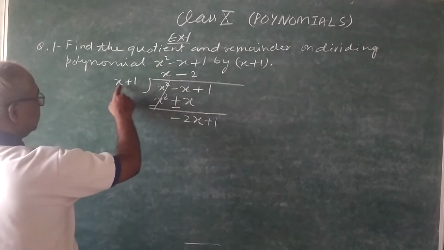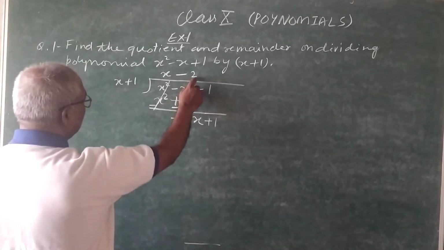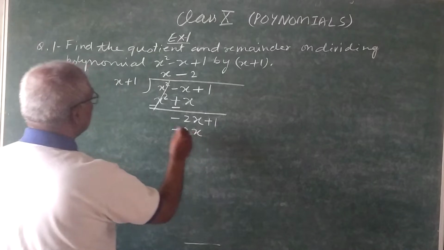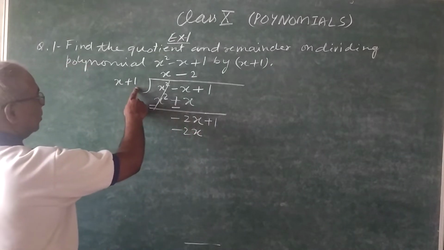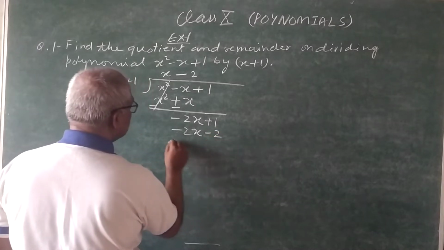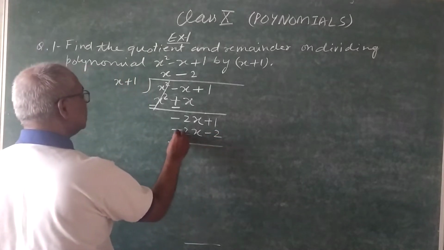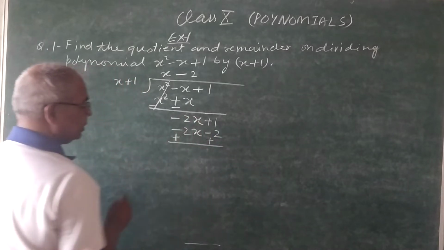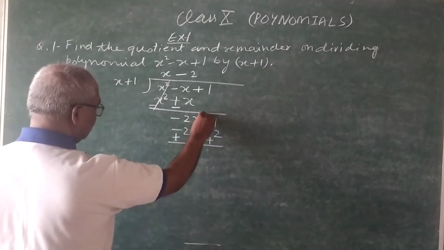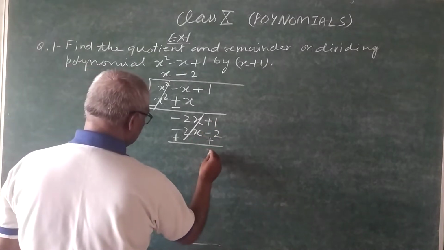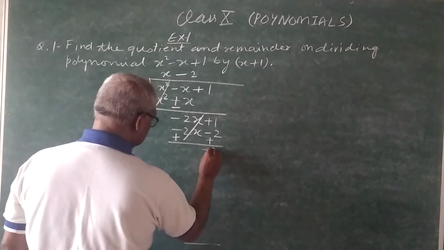So multiply minus 2 with this x plus 1: minus 2 into x is minus 2x, and minus 2 into 1 is minus 2. Change their sign, negative becomes positive. Now 2x and 2x cancel each other, 1 plus 2 becomes 3, plus 3.